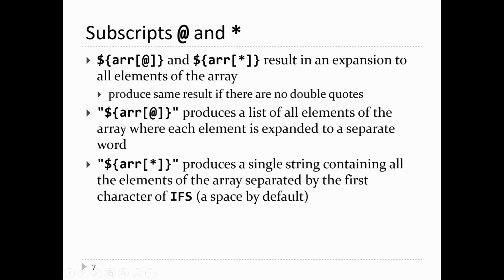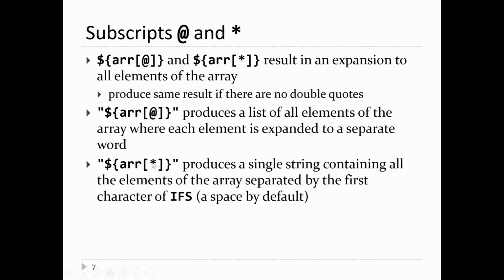Right? Okay. If you put the double quotes and use the @ sign, right, that produces a list of all the elements of the array where each element is expanded as a separate word. All right, so keep that in mind. So each element is expanded as a separate word. We'll show you an example of all these in a second. Right?